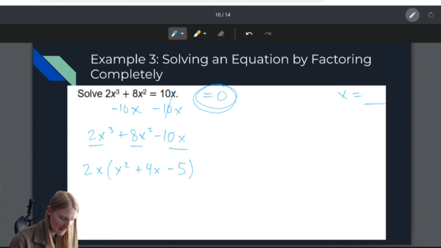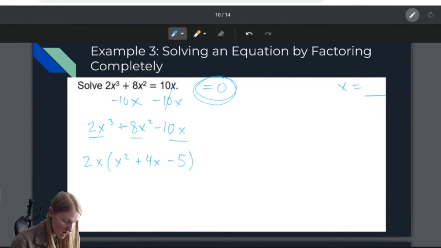Now, because this is negative, I'm going to have x plus something and x minus something. Leave that blank. Now we'll come over here. We want it to add to 4 and multiply to -5.